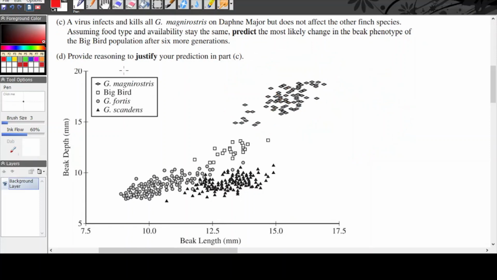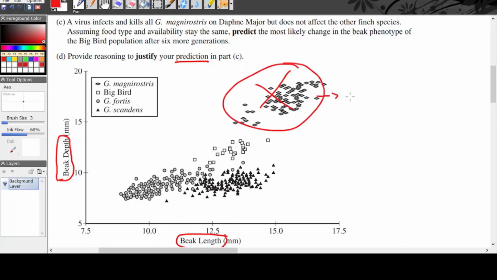Part D says, provide reasoning to justify your prediction in Part C. Our prediction in Part C was that the big birds will develop a deeper beak as well as a longer beak. As for the justification, since the G. magnirostris will no longer exist, that means that the food that they eat will no longer be eaten.